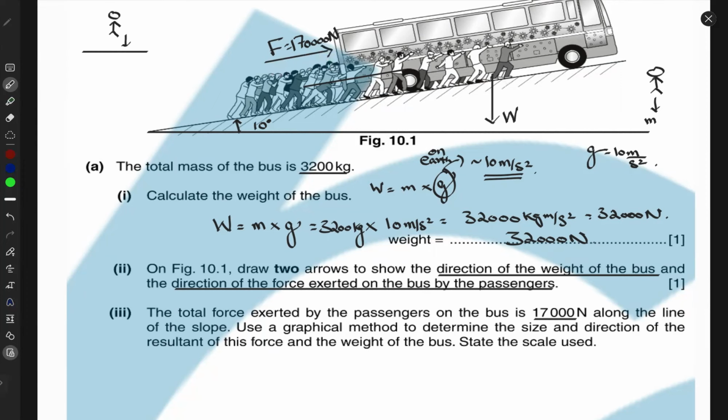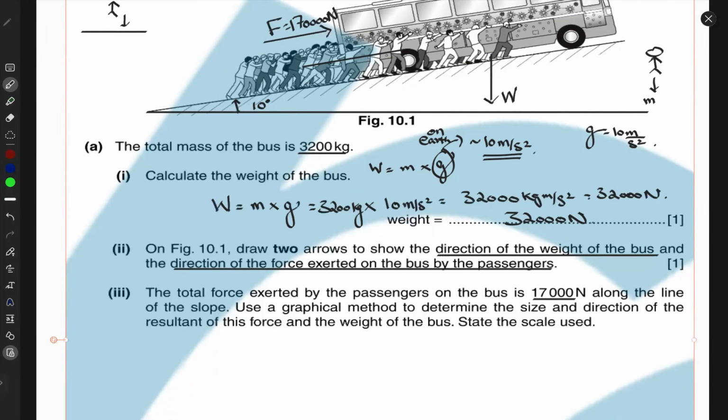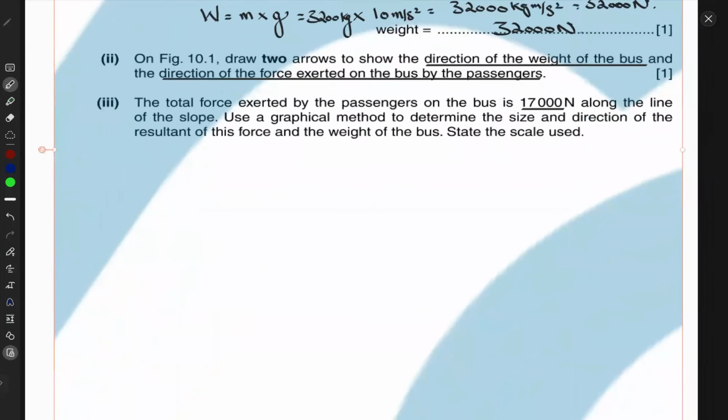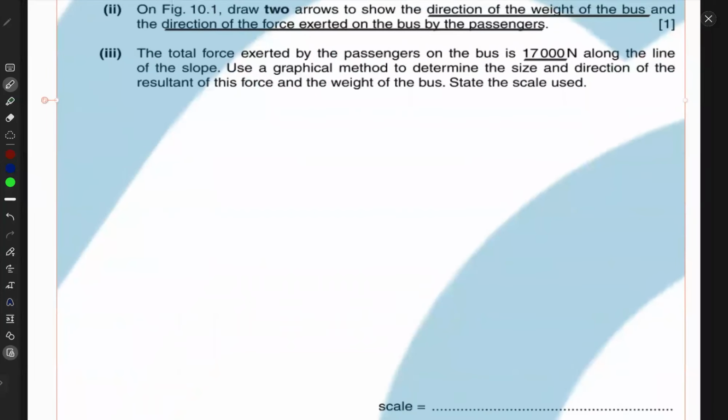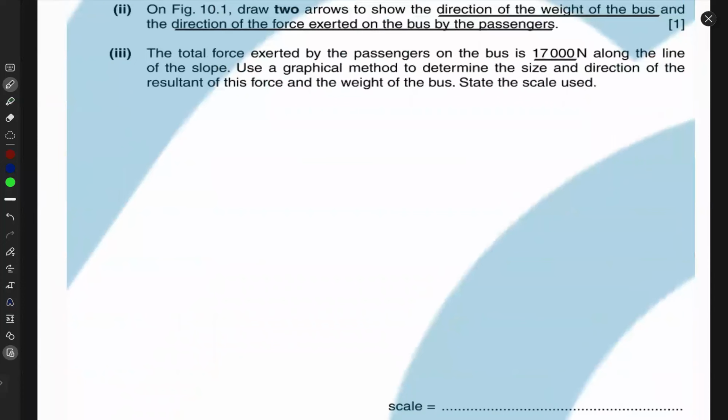Now we know that the force vector is going to be like this, while the weight vector is going to be like this. And so if I were to draw it using a graphical method, I want you to tell me, how would I draw the force vector, for example? Would it be something like this?